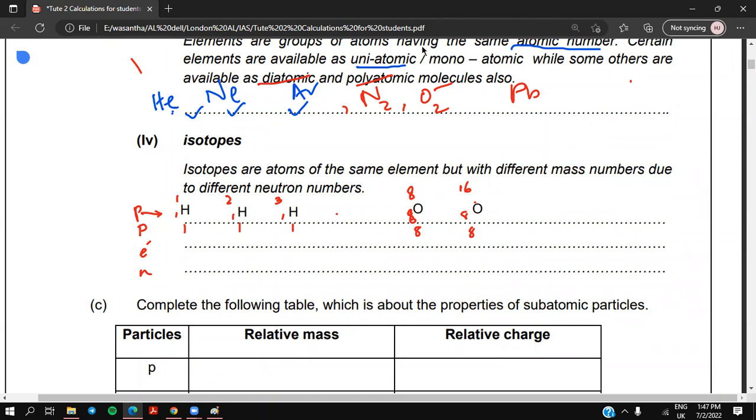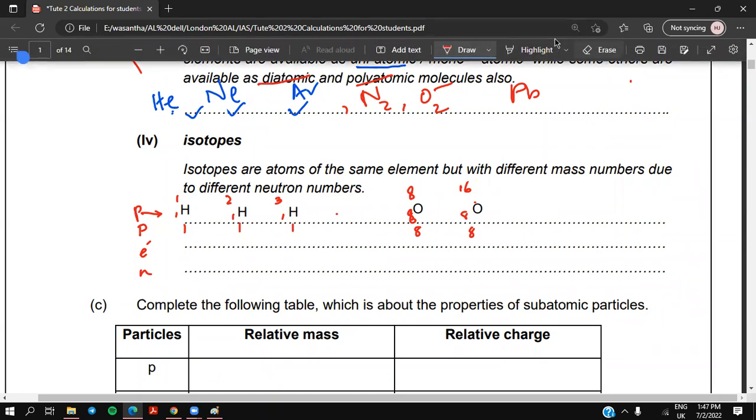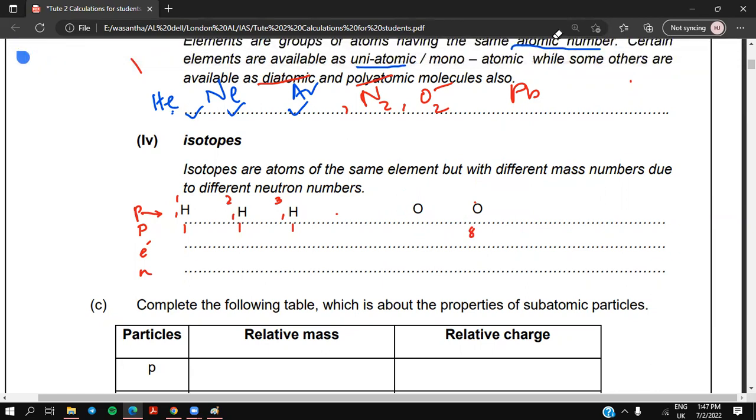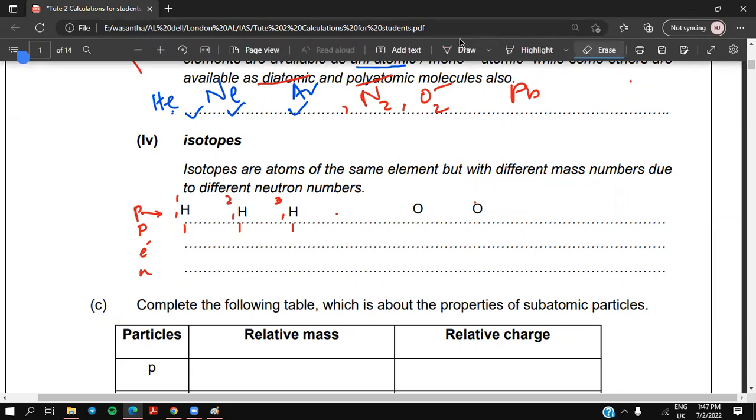I made a mistake here. I'll remove this. 8 here, 8 here, 16 here, 18 here. Proton number in this oxygen is 8.